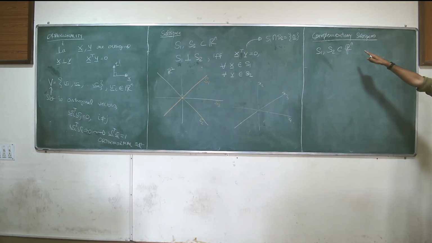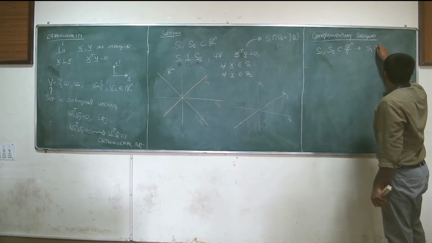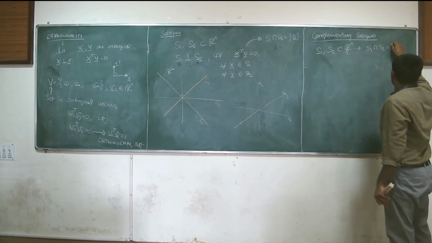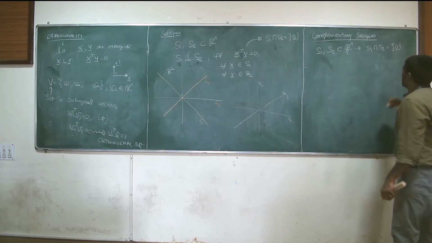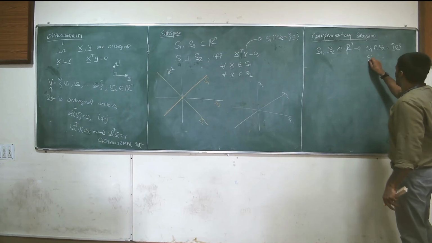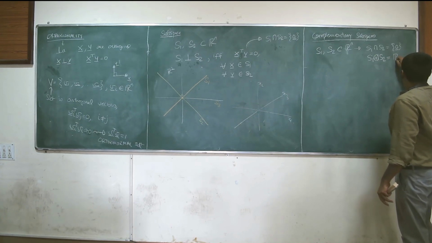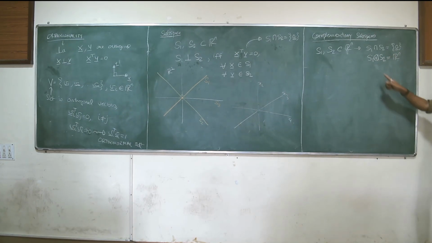We say the two subspaces are complementary subspaces if two conditions are satisfied. S1 intersection S2 is only the zero vector. The only thing that is common between them is the zero vector. And if you add the two subspaces, you get your entire parent space.